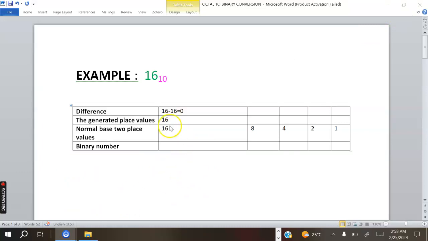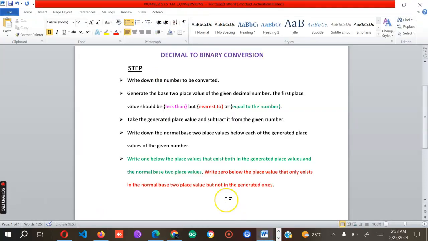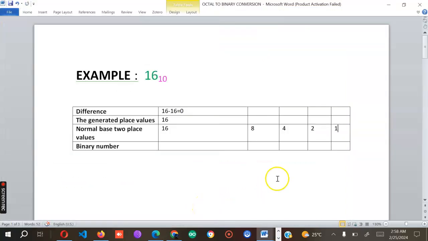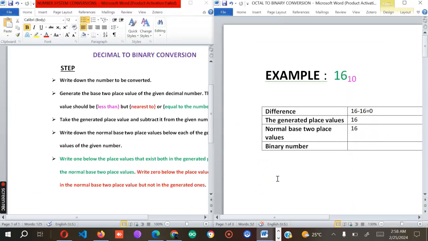Remember we have said that if you get the generated value, which is the same as on the normal base 2 place value, you're supposed to write 1, this condition. I hope you have noted this one. Okay, so we have a third one and a third one.